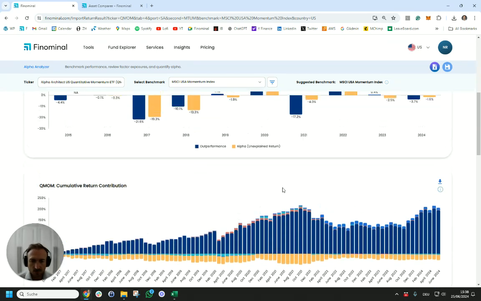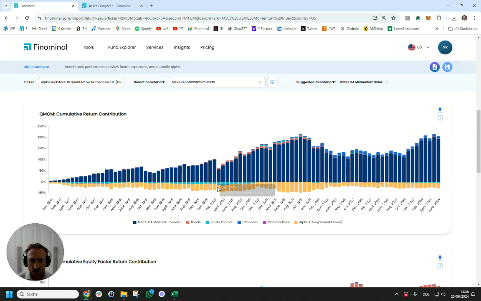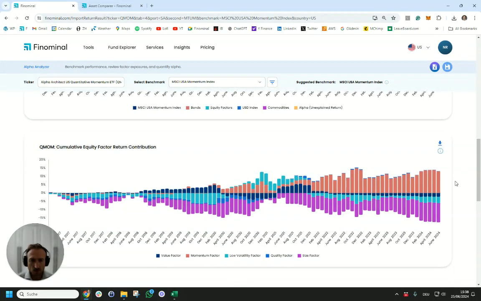Having said that, if you do look at the cumulative alpha contribution over time, it was negative, but it's also something that is not as meaningful as with other non-factor focused funds. If you buy a factor focused fund, typically you can explain most of the returns, and alpha is the unexplained returns. So we do see that most of the returns are simply explained by the market, and we can also see the exposure of the factors.